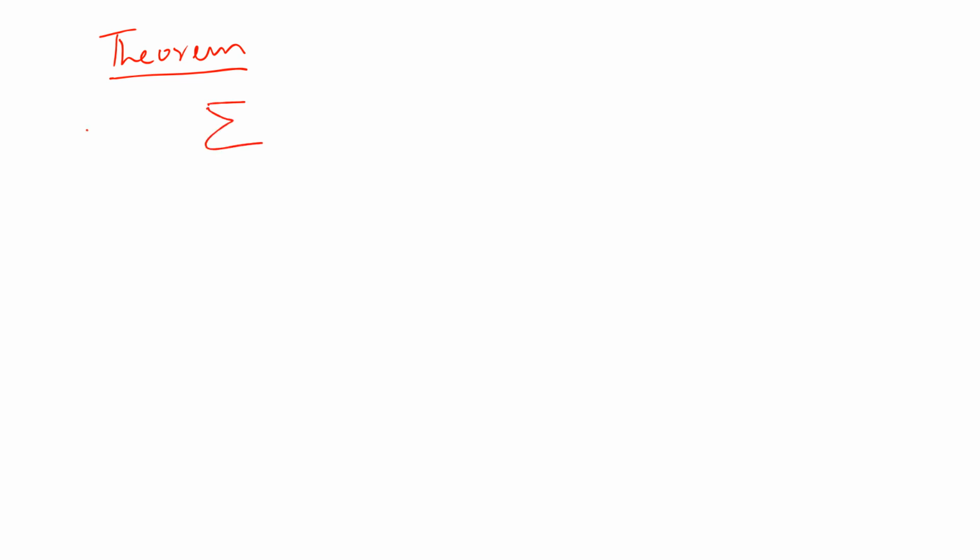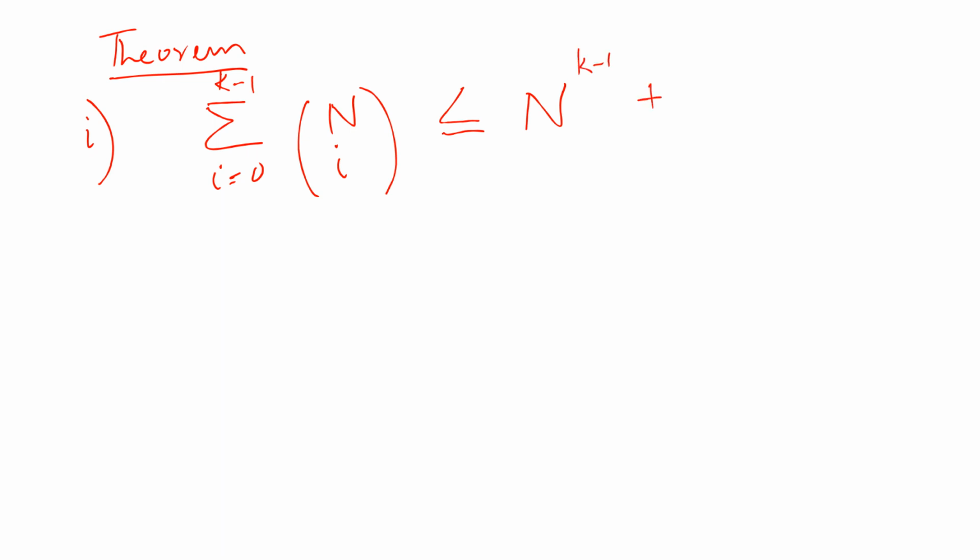So the first identity that we're looking at is the sum over i from 0 to k minus 1 of n choose i is itself bounded by this quantity n^(k minus 1) plus 1. That's the first identity that we need. The second one that we need is a slight modification, and both are true, and there are other identities as well that establish that the summation of this term is bounded by a polynomial bound, essentially, right?